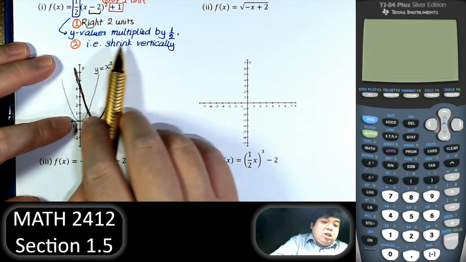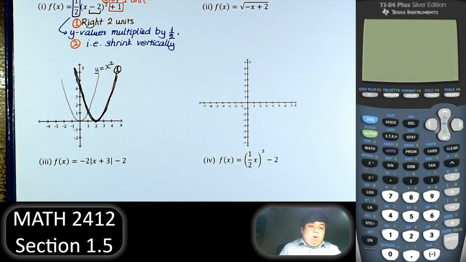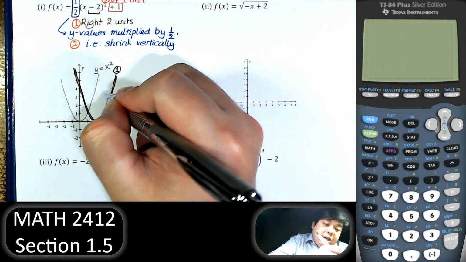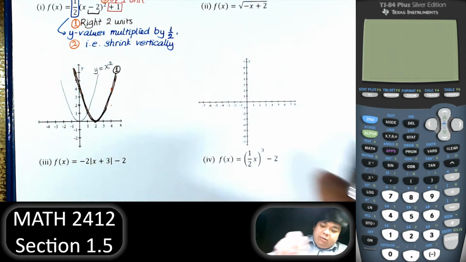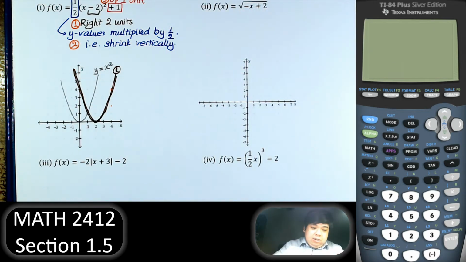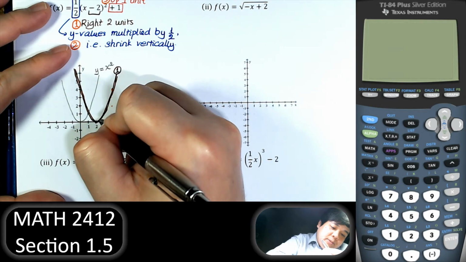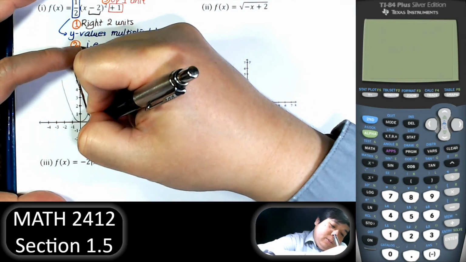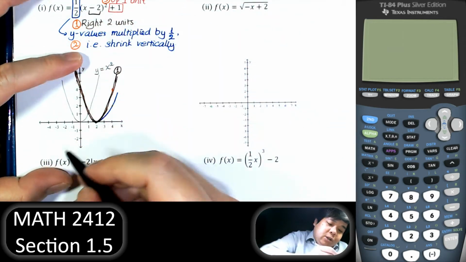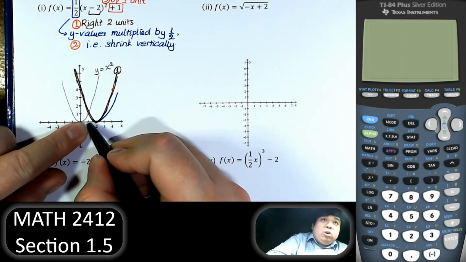Next, shrink vertically, or multiply the y values by 1/2. So whatever the y value is, I cut it in half. So here, y value equal to 1 is cut in half.